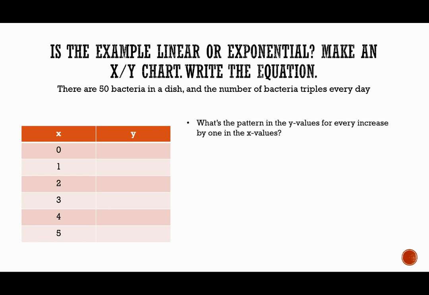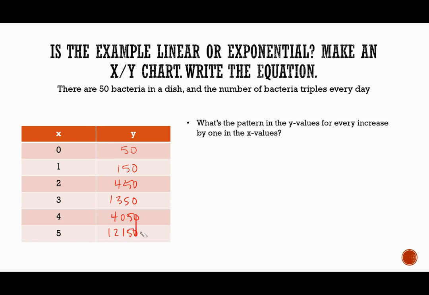So I start out with 50 bacteria, and that value is tripling. So my next number would be 150, 450, 1350, 4,050, and then 12,150.